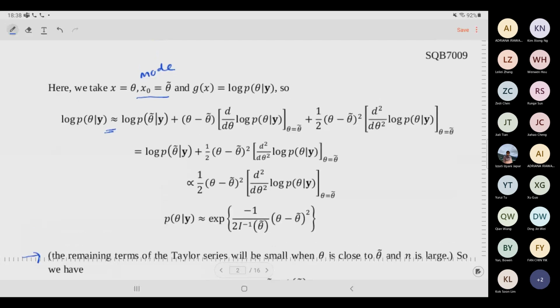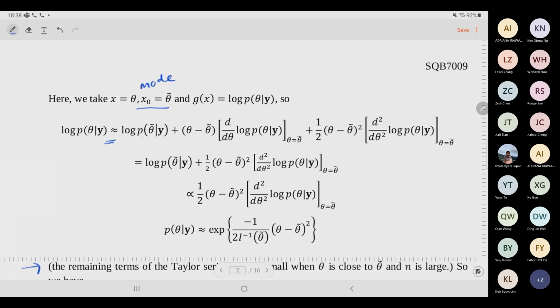Then we look at the first term, the log of p at the mode. This is actually a constant. And then we have a first derivative term.